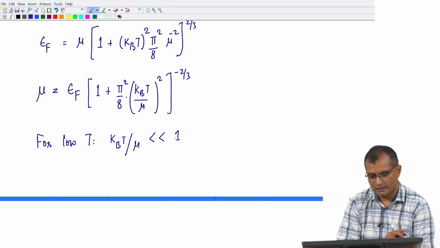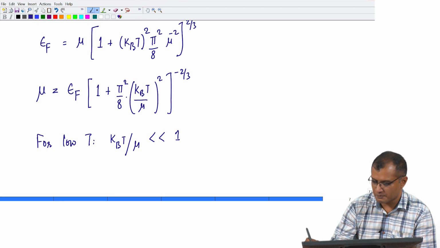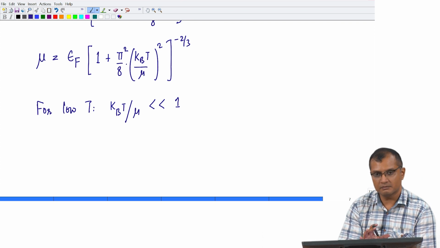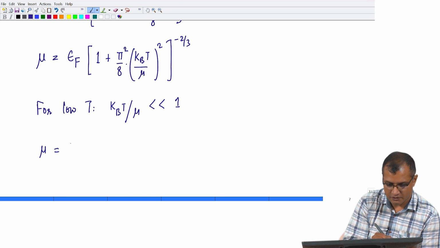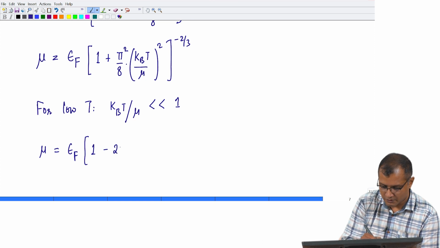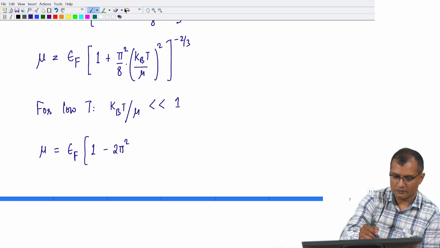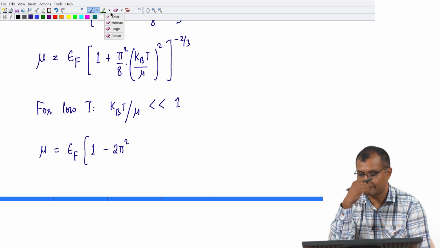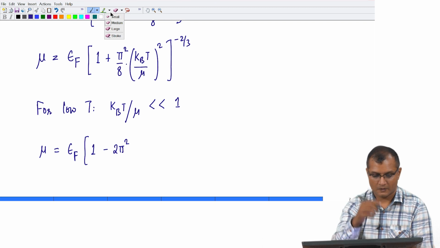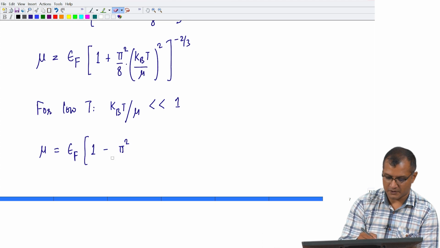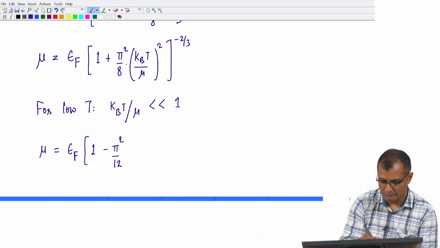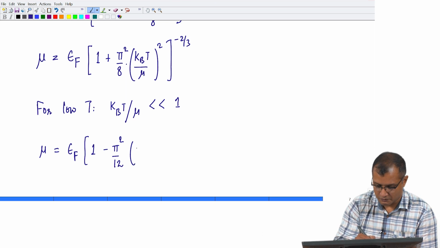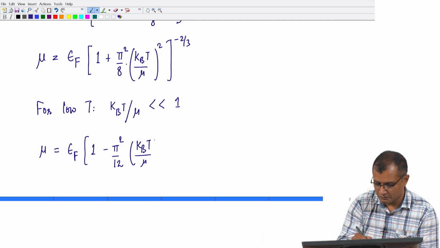So, I have a scale here, such that this ratio becomes much smaller than 1, I can expand this term in powers, and to lowest order I can write the chemical potential as E_F into 1 minus 2 pi square, okay, I can write it as just pi square by 12 to make things simpler, into this dimensionless number kT over mu the whole square.